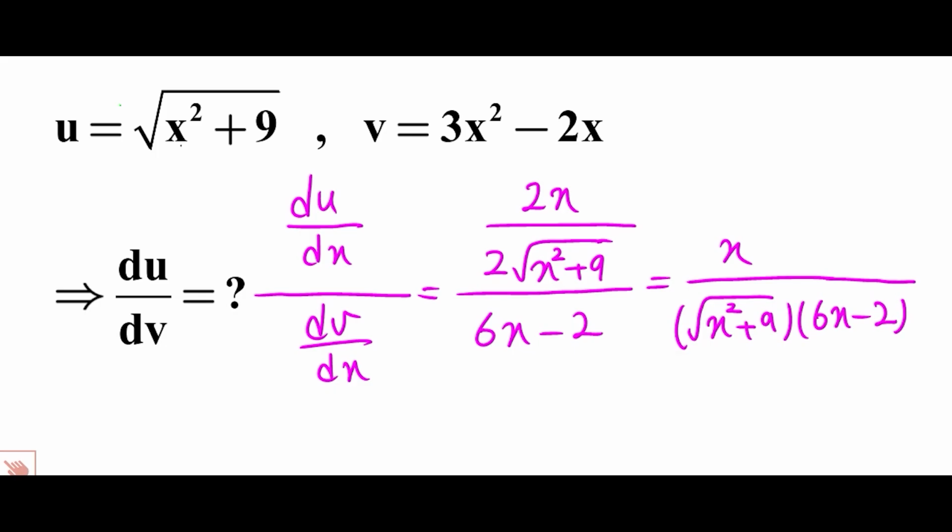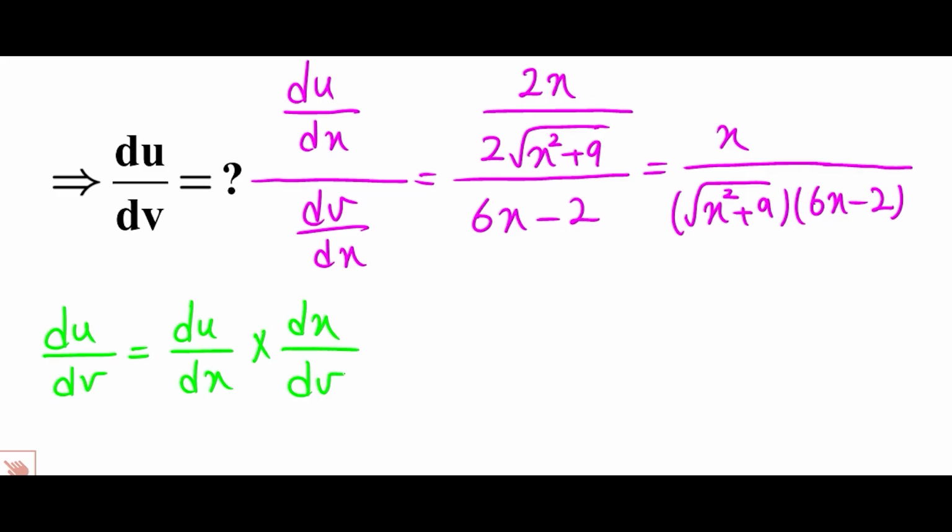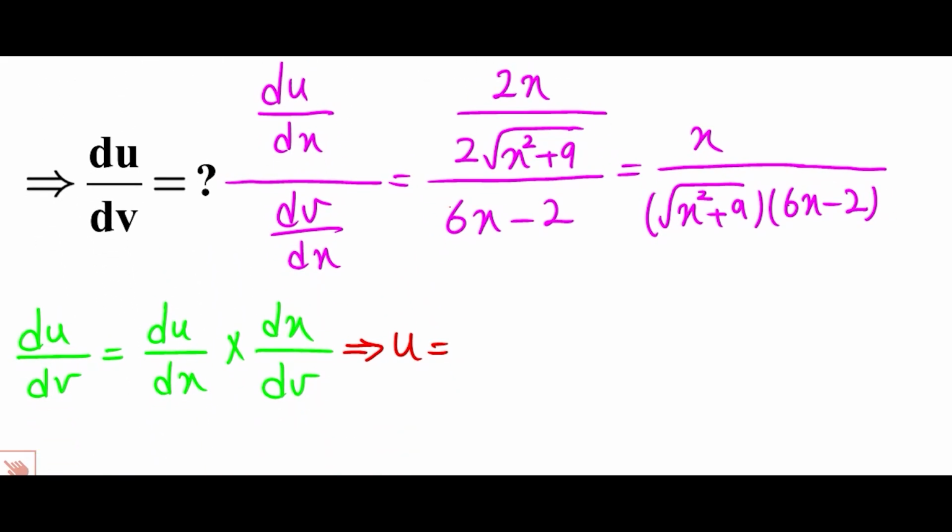Or we can use the chain rule in this form. du/dv is equal to du/dx times dx/dv. So du/dx means the derivative of u with respect to x. So u is equal to the square root of x squared plus 9.